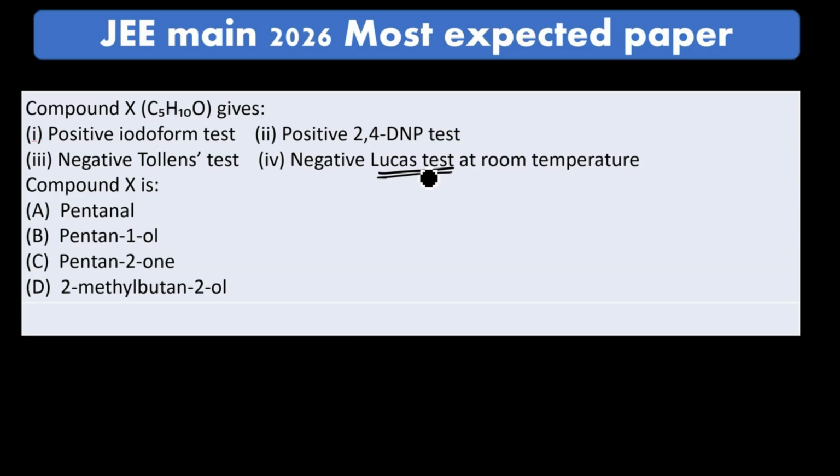And negative to Tollens test, which can be a ketone, and positive to DNP. Positive to DNP means that is having either aldehyde or ketone, right? C double bond O is there. Positive to iodoform, which means there is a methyl group, at least one methyl group attached with a carbonyl.